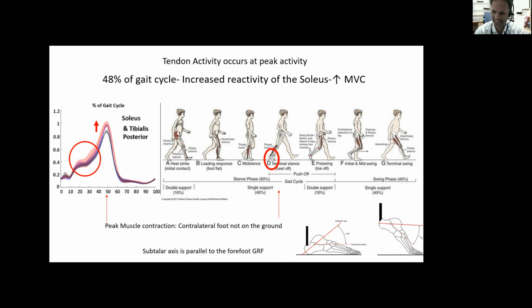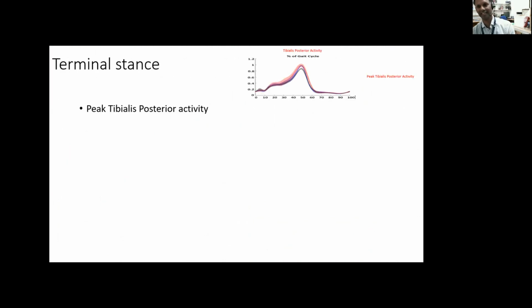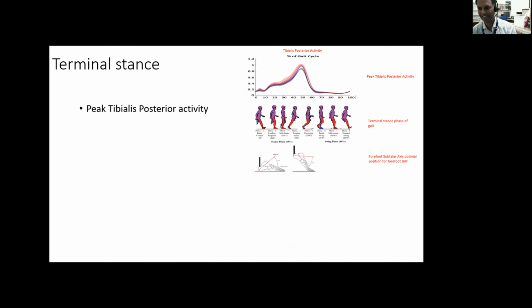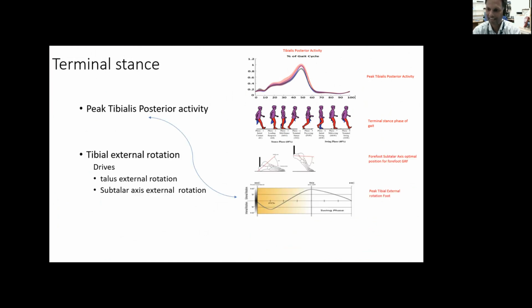So it's in a perfect position to take that inversion moment. Perfectly designed. So at peak tib post activity, the contralateral foot's off the ground, we're at toe off, the subtalar axis is parallel to the ground, and at this point, the forefoot is fixed to the ground. The foot can't invert because tib post, although it acts as a net inverter, the foot cannot come off the ground at that point. It's actually fixed to the ground.